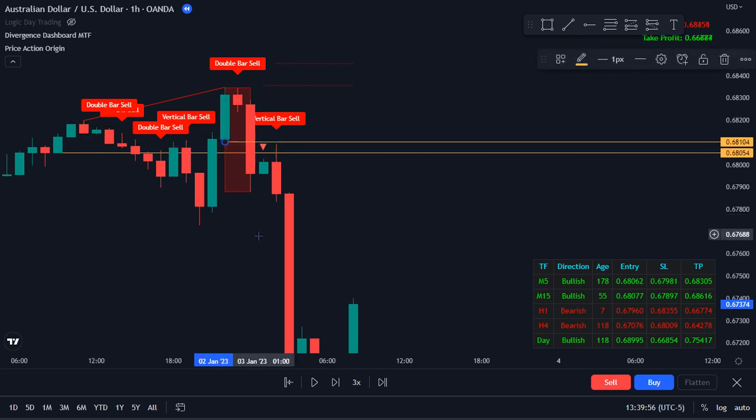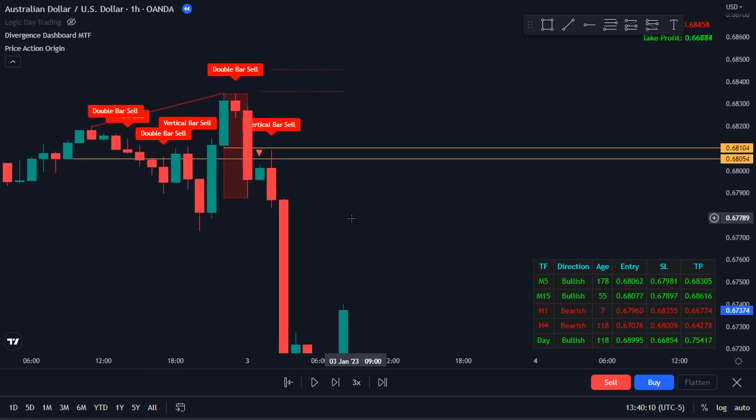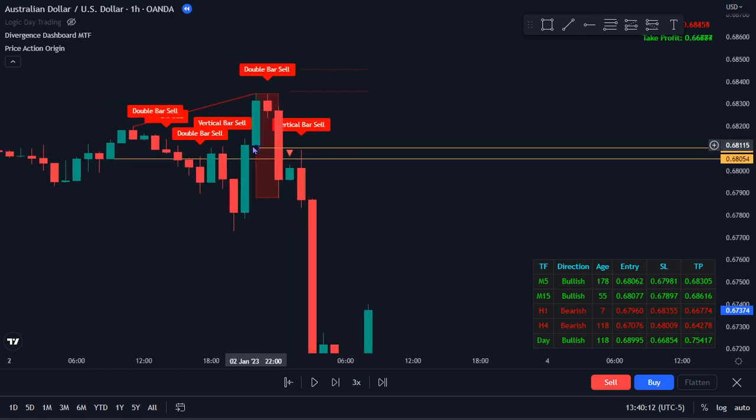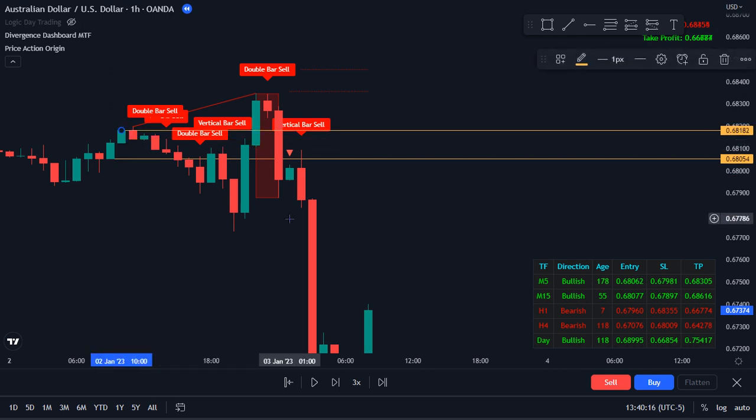Sometimes this supply zone doesn't really get to it, and of course, this supply zone isn't fully validated until this low is broken. You can research that on your own, but using these concepts, and this is a little bit more of an advanced concept, these are just other points of interest where you can look to trade.